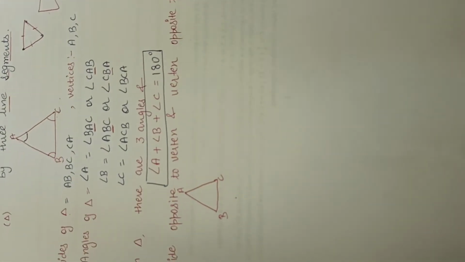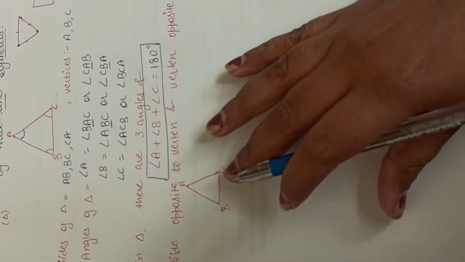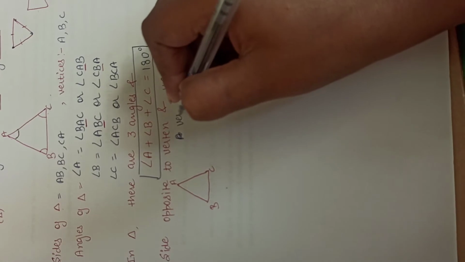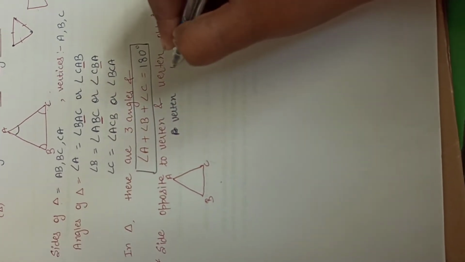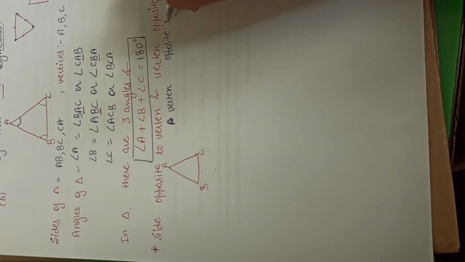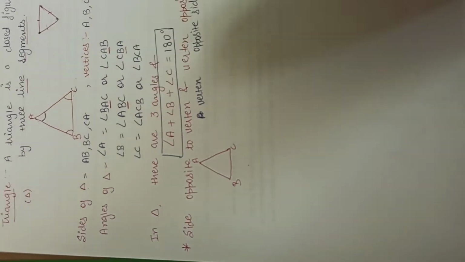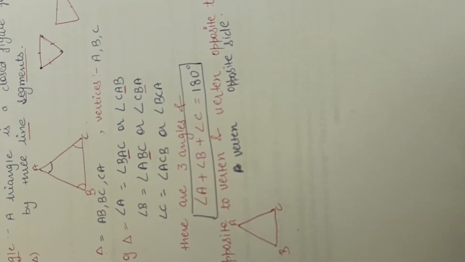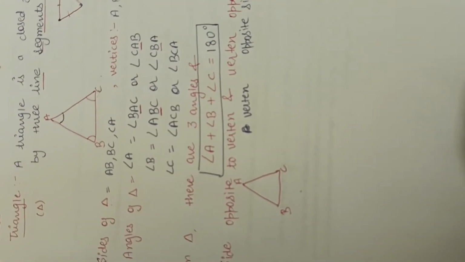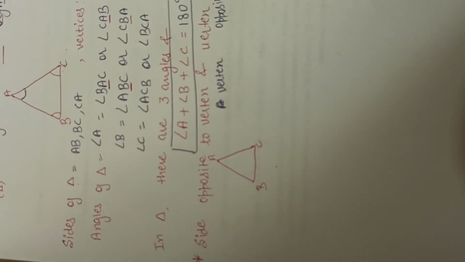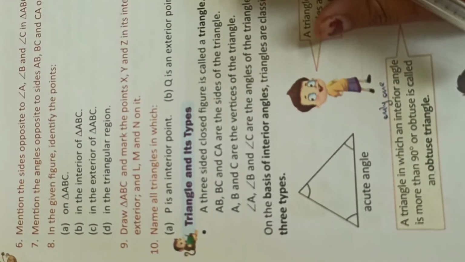If you take A as the vertex, right, and its opposite side, in the question, if it is given to write the sides which are opposite to the vertex, how will we go with that? See, the 6th question is here.